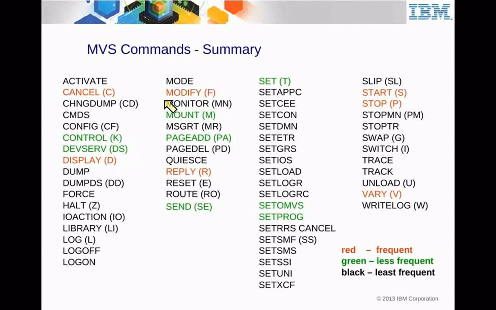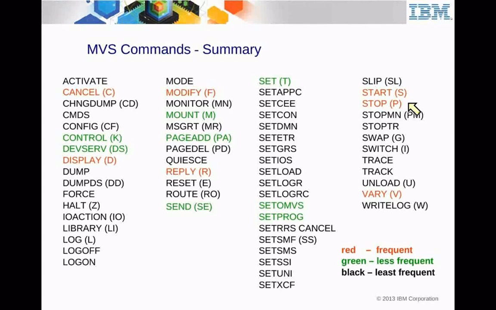You can cancel things, you can modify things. Here's the reply command. That's if the message ID has a reply identifier. So you would reply to the number, whatever you want to tell the system. You can start and stop things. You want to start something, and that would be running until you stop it. That's different than JCL.